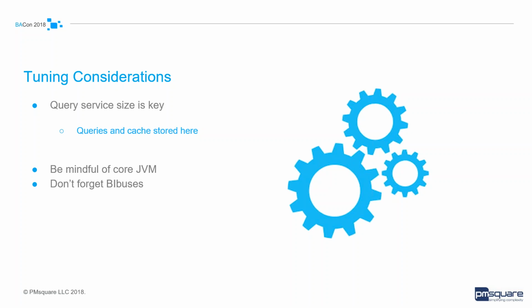That said, that's not the whole story. And you still need to be mindful of the core JVM and your BI buses. Even if you expand the size of the query service, 16 gig, 32 gig, however big you want, if you have bottlenecks in those other areas, it's going to create conflict.